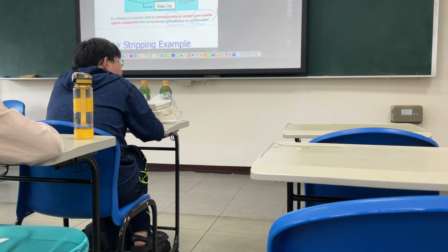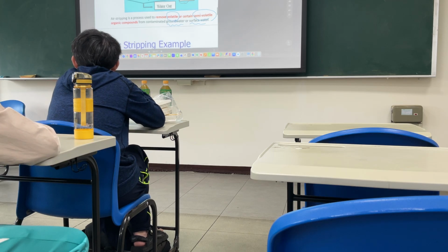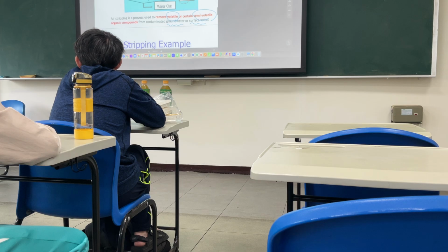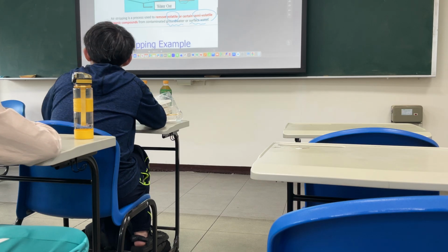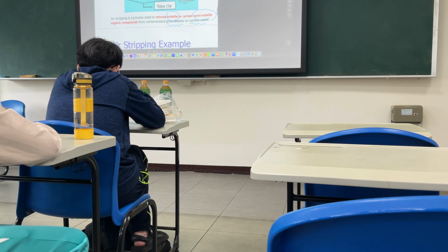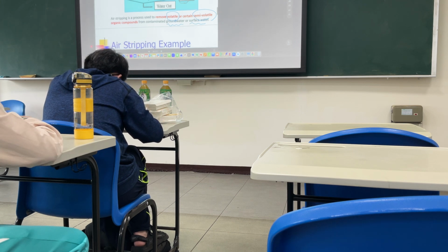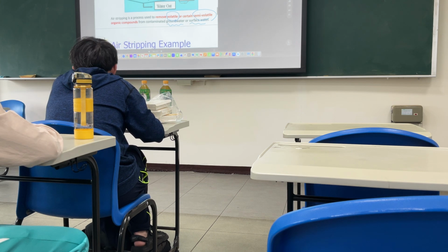So the volatile substances, for example carbon dioxide or organic compounds, will be transferred from water to air, because the water is contaminated and the clean air flows from the bottom.